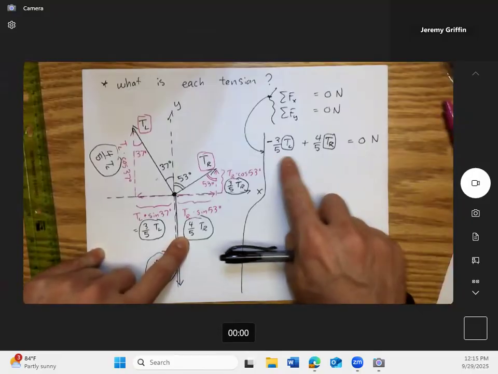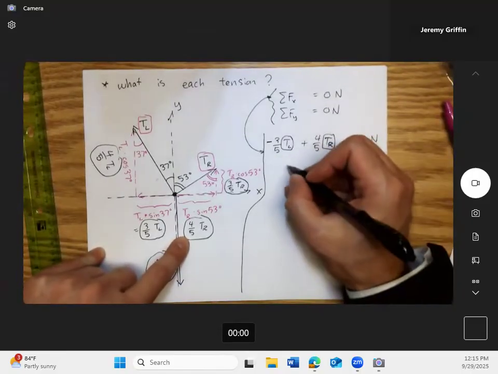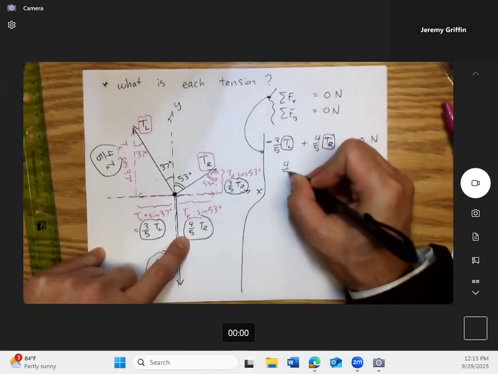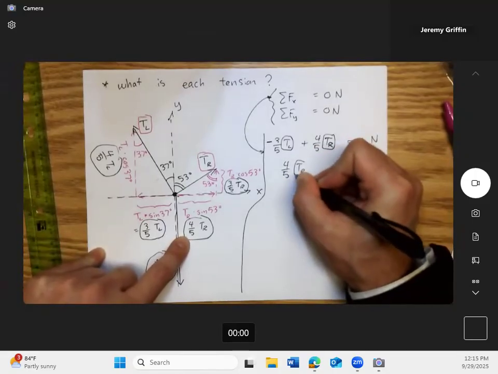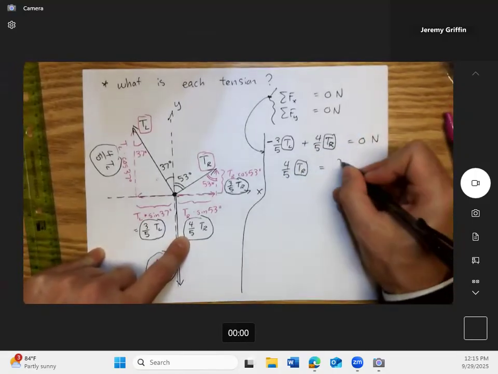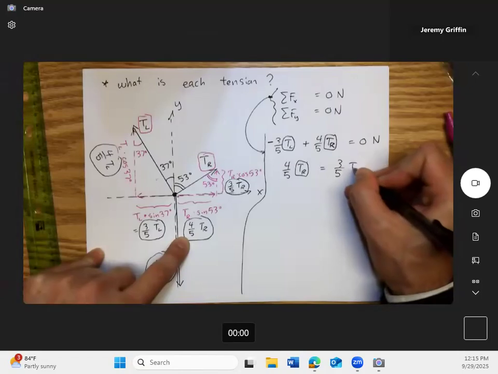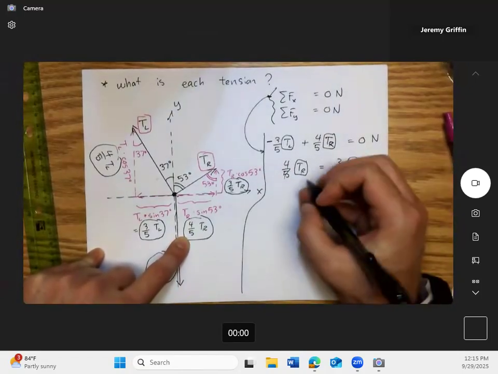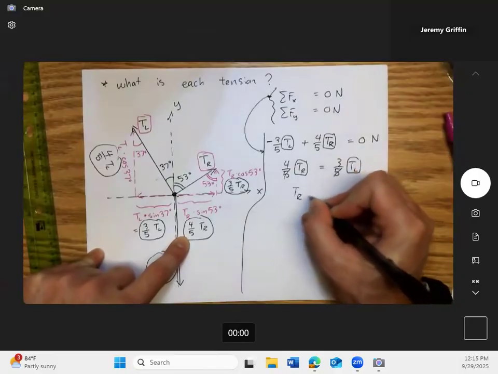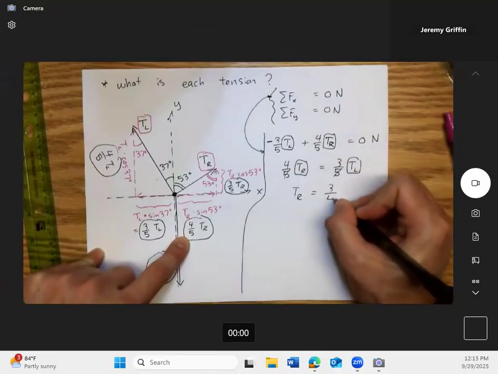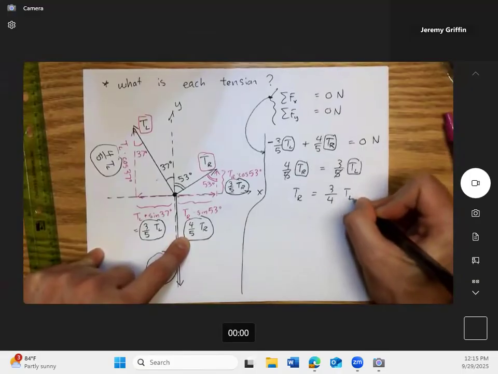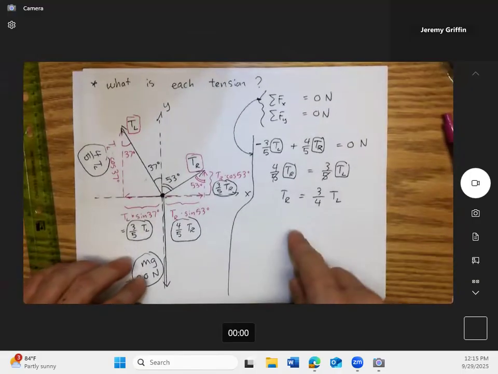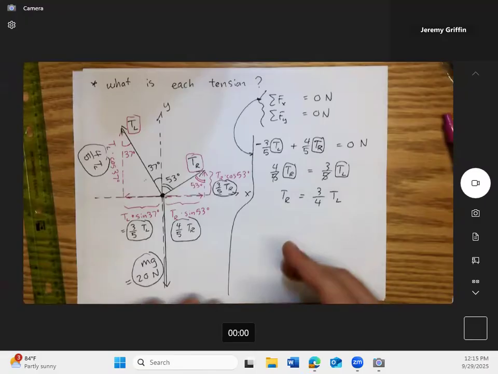Okay. And I can slide this over and say TR equals 3/5 TL times 5/4. So tension on the right side equals 3/4 of the tension on the left side. Or you could do it the other way. You could say tension left is 4/3 of T right.